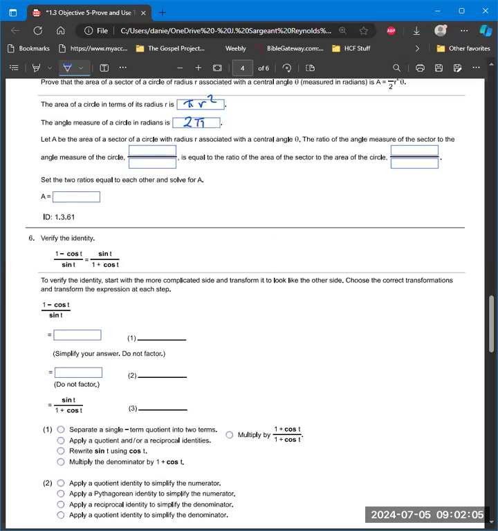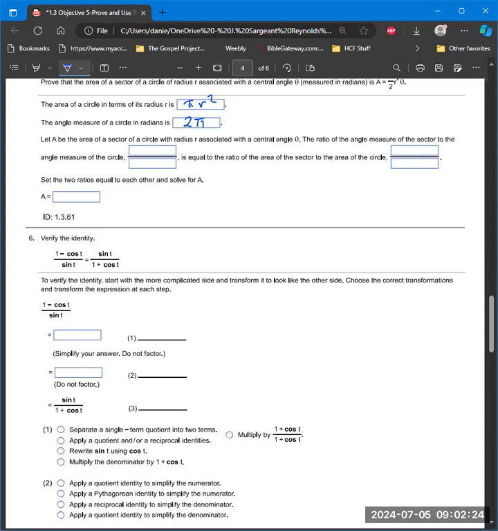If we go all the way around the circle, that central angle is 2 pi. Let A be the area of the sector of a circle with radius r associated with a central angle theta.